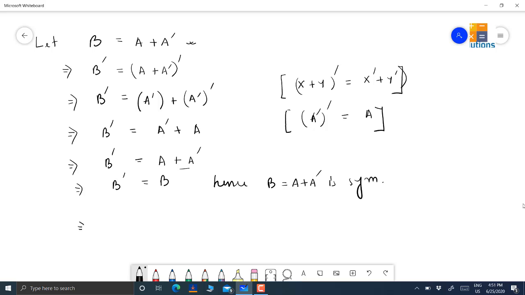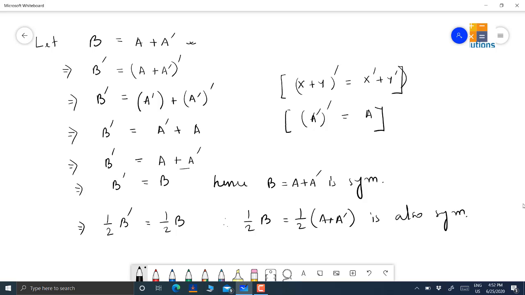Again, if I multiply both the sides by half, half of B dash is equal to half of B. Therefore, half of B is equal to half of A plus A dash and is also symmetric. That means for scalar multiplication of any matrix, we know that K A whole dash is equal to K A dash.